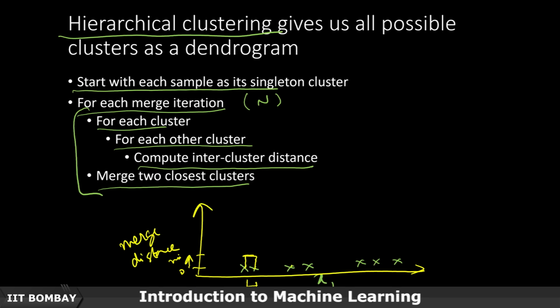Meanwhile, these two points have not yet merged, they will keep going. After some time the two nearest points will merge, but these two will not merge, these two will continue and these will continue, then these two will merge and this will continue.